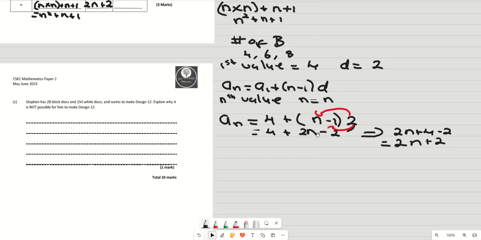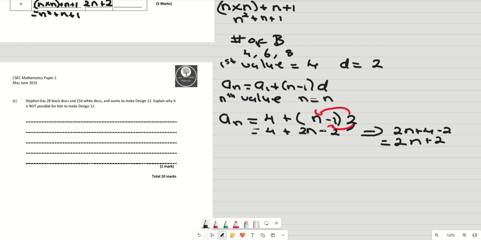So we know that T is equal to black plus white, and black is equal to 2n plus 2, and white was n squared plus n plus 1. So you add these two.